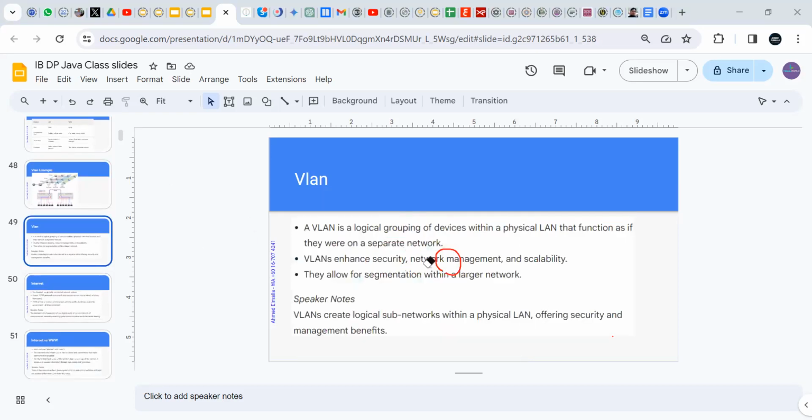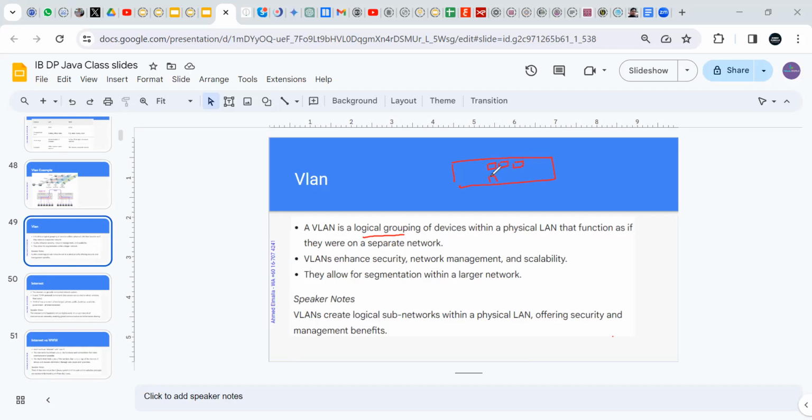So it's a logical grouping of devices. You're using the same physical LAN and the same switches, but it's a logical grouping. It is a feature inside advanced switches that is able to do this kind of grouping. If you ever saw a switch before, typically advanced network switches can have up to 20 or 30 ports, so it can connect up to 30 computers at that device.